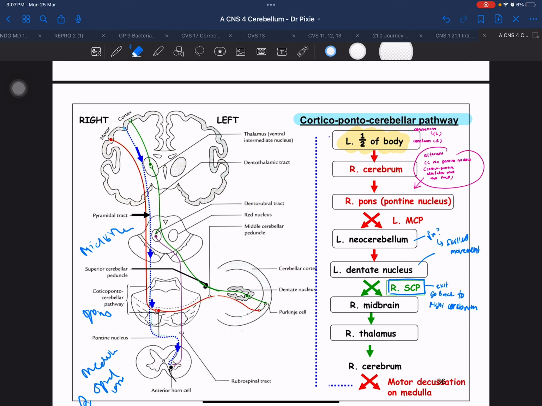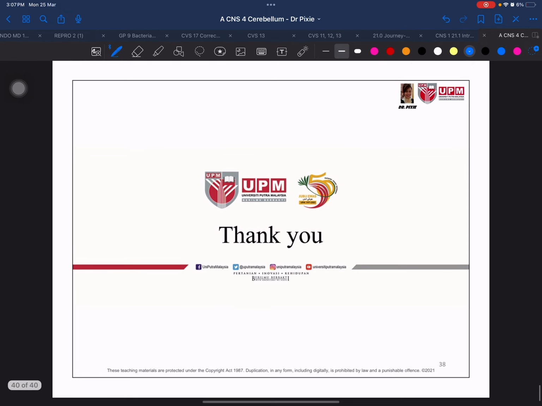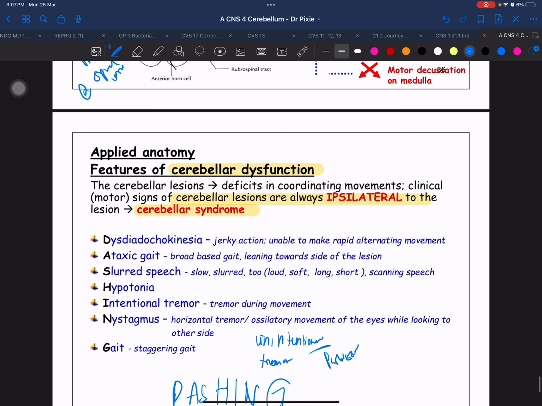So now, if you go home, take some time to digest this. Now, this is for you to remember. If someone has a lesion in the cerebellum, they will show you some features called DANISH. First, they will show dysdiadochokinesia. Still remember this? When you cannot do rapid alternating movement, it's called dysdiadochokinesia.